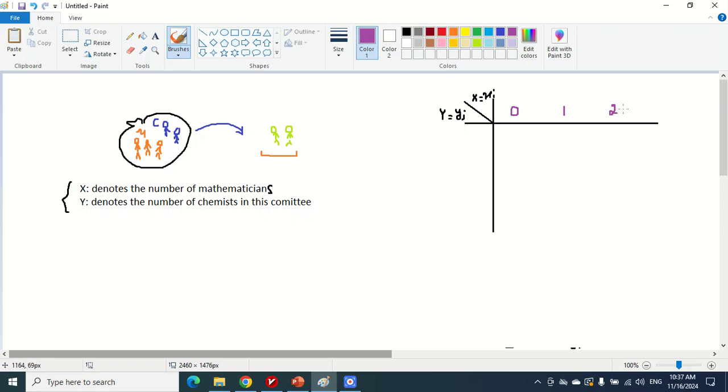So we have 0, 1 and 2 as possible values for x. If the number of mathematicians was only 1, then we would have only 0 and 1 as possible values. For the y values as well, we have 0, 1 or 2, because we have 2 chemists in our team from which we can collect the committee of size 2.